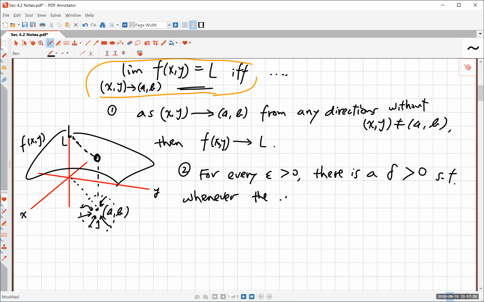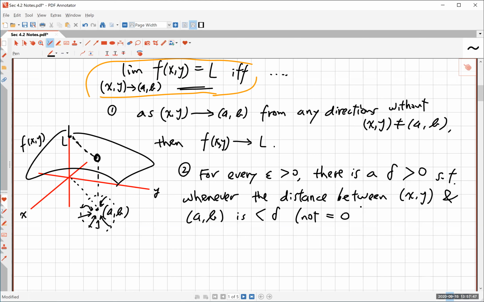Whenever the distance between xy and AB is less than delta and not equal to 0. Of course, equal to 0 means xy is equal to AB. We want to avoid that.